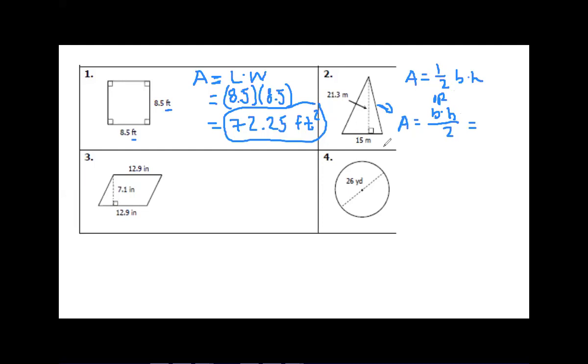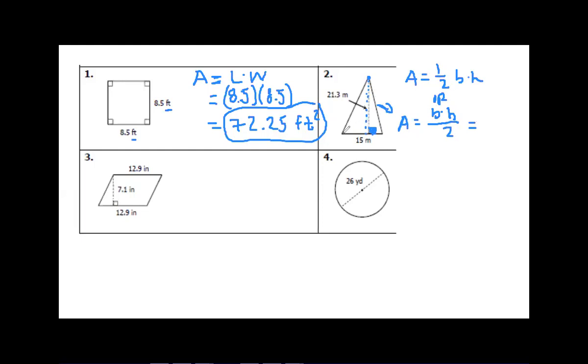Okay, so when you're looking for the base of the triangle and the height of the triangle, the height is going to go from the vertex all the way down to the base, and it makes a 90-degree angle. Okay, so this is the height of the triangle, the 21.3, and the base is 15.